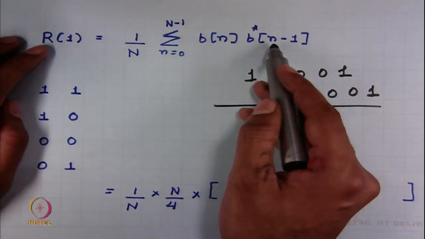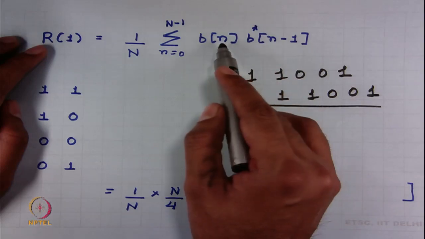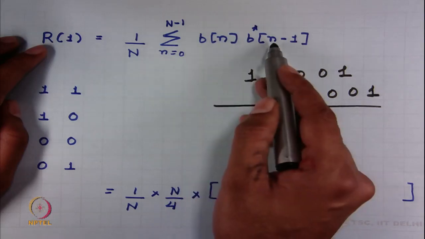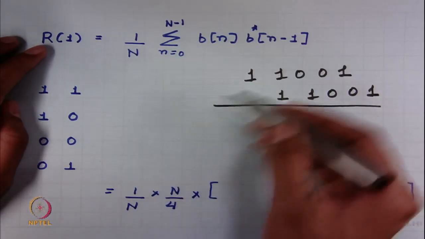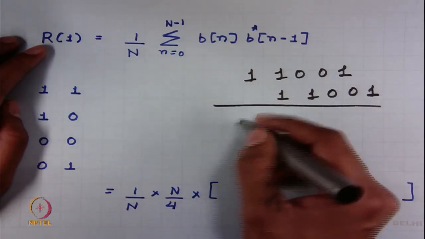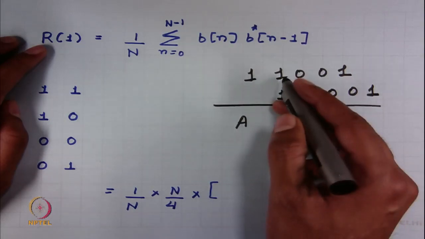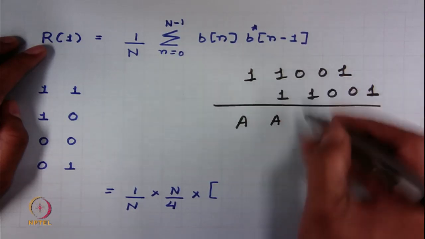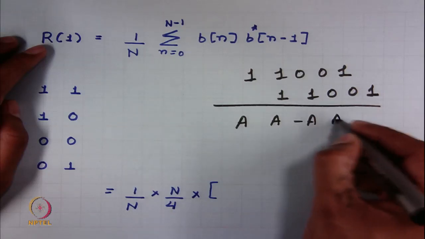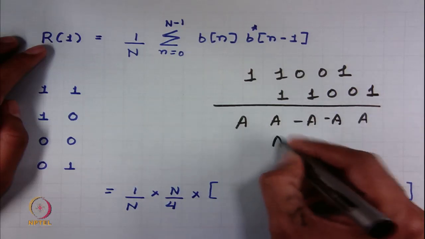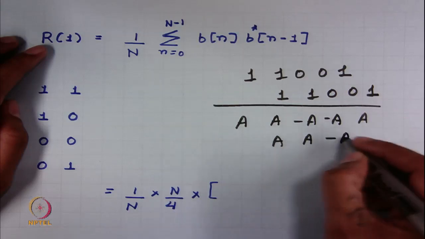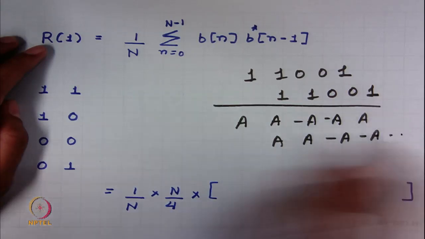But this Bn and Bn minus 1 are not the binary sequence, they are the voltages corresponding to this binary sequence. So, if I use the mapping which I have used before, one is mapped to A, this one is mapped to A, this is minus A, A, and so on and so forth.